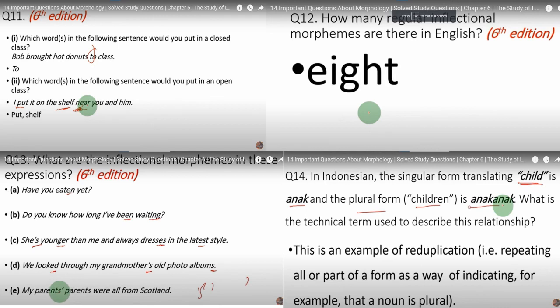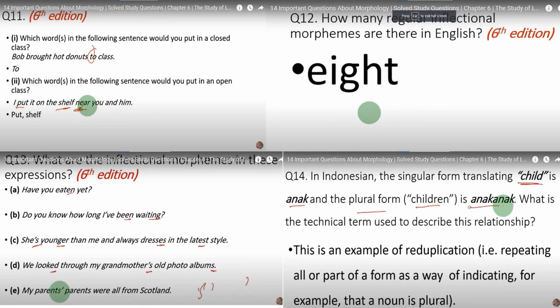To is a preposition. And the second part is which words in the following sentence would you put in an open class? I put it on the shelf near you and him. So in this sentence the open class words are put and shelf. Put is a verb and shelf is a noun.